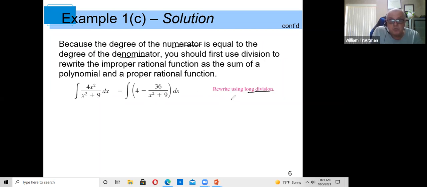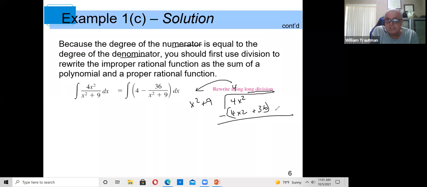So you have to go 4x squared divided by x squared plus 9. The top divided by the bottom. X squared goes into 4x squared 4 times. Then when you do this, you get 4x squared plus 36.